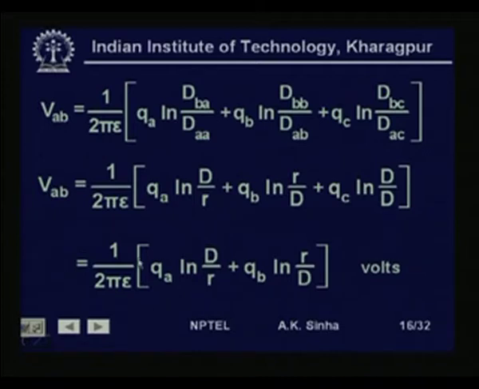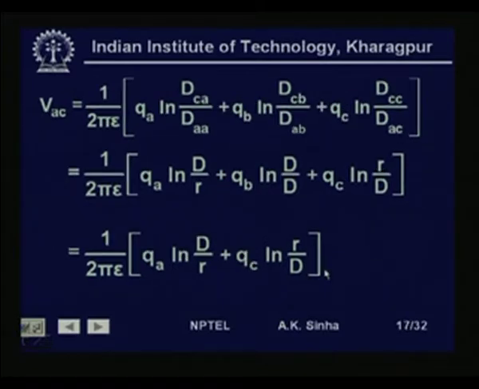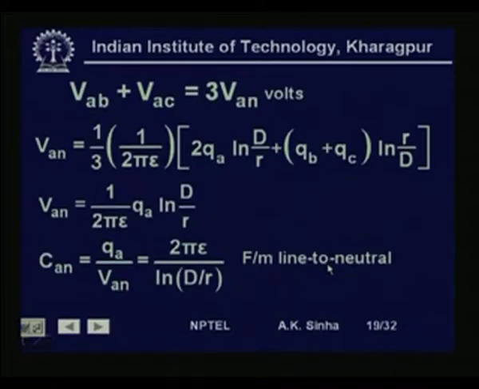So, if we add, we will get twice qA log n d by r and qB log n r by d plus qC log n r by d. That is what we have got here. So, we have 2 times qA log n d by r plus qB plus qC log n r by d.